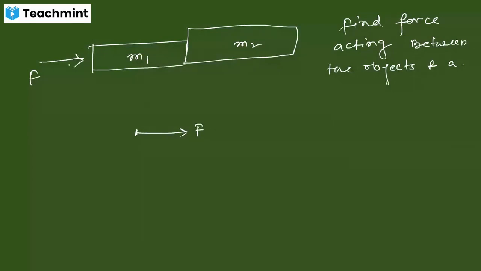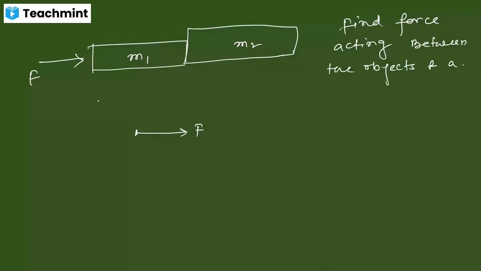You have applied some force on M1, M1 has applied the same force on M2. So if the same force is applied by M1 on M2, M2 will apply the opposite force on M1, right? This is the action-reaction phenomenon I'm talking about here.